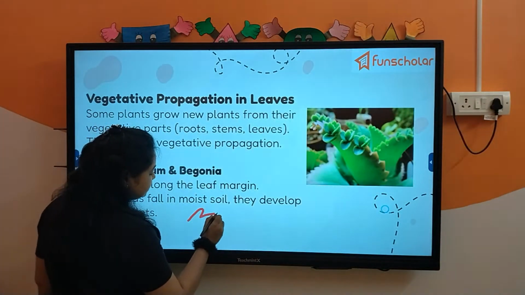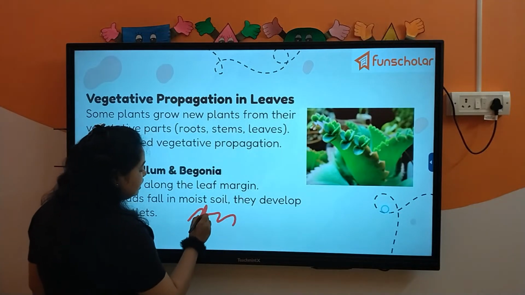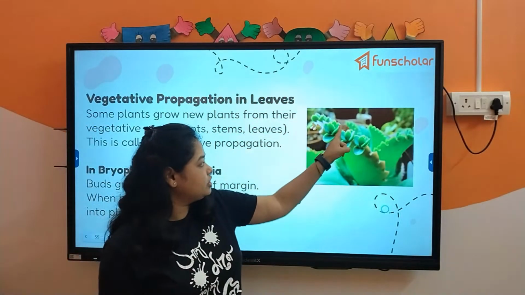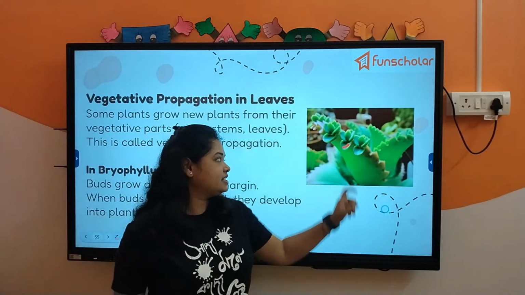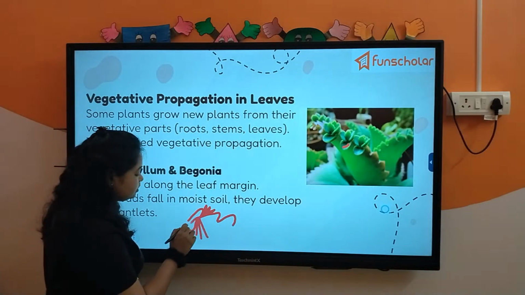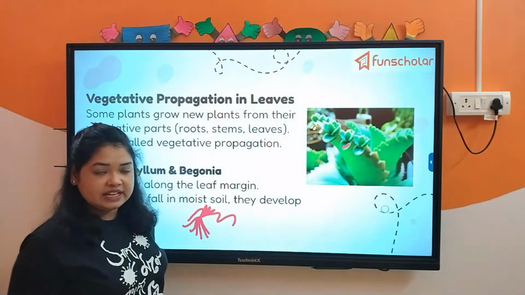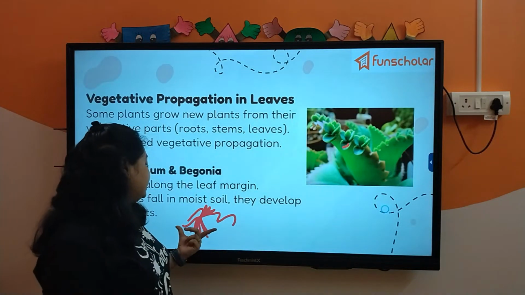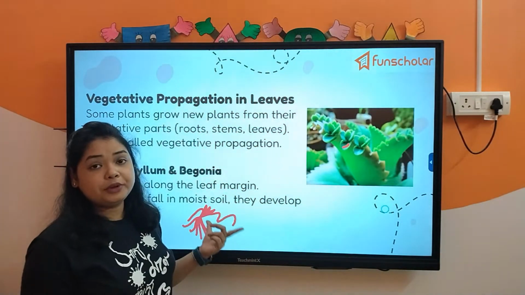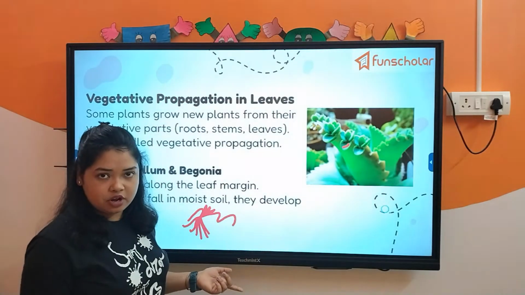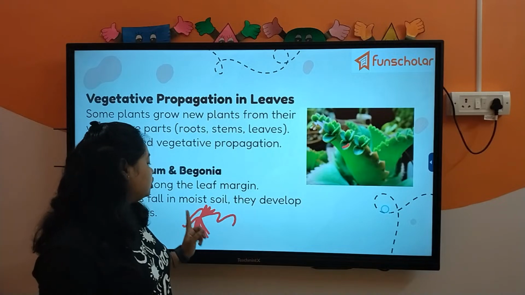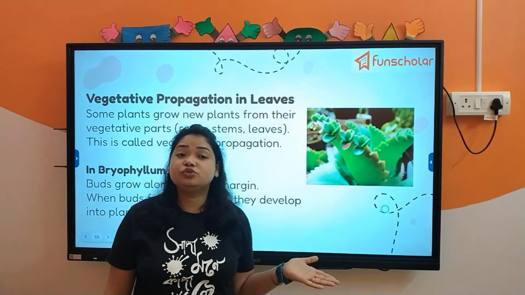The notches of the leaves will bear the leaflets, right? And you can see in the image also a group of leaflets, and then they will grow the roots. They will grow small adventitious roots, and when it falls on the ground and gets the optimum condition for growth and development, all these leaflets will grow into an individual plant.